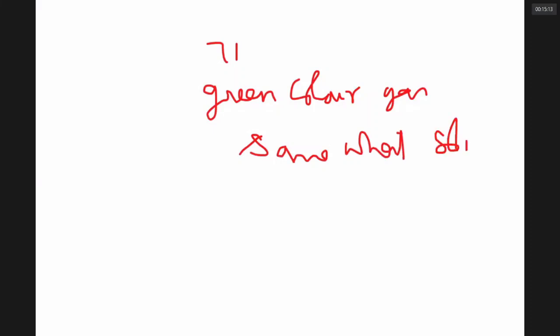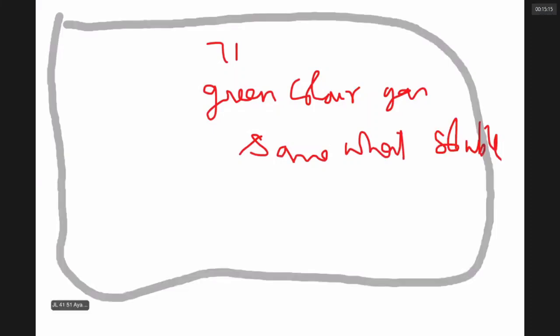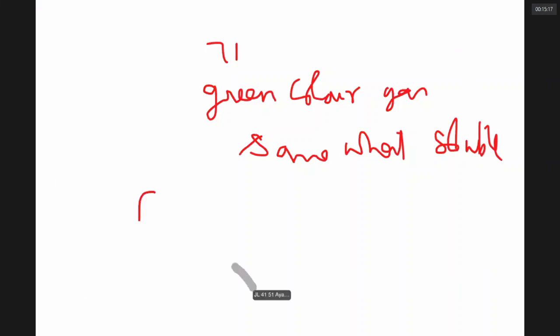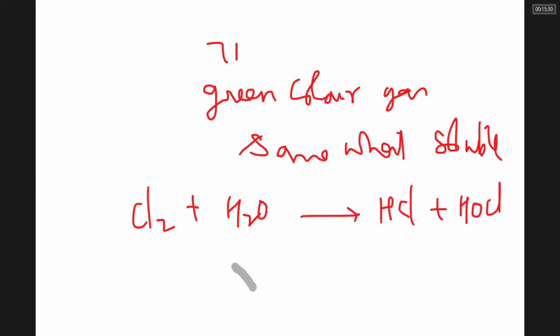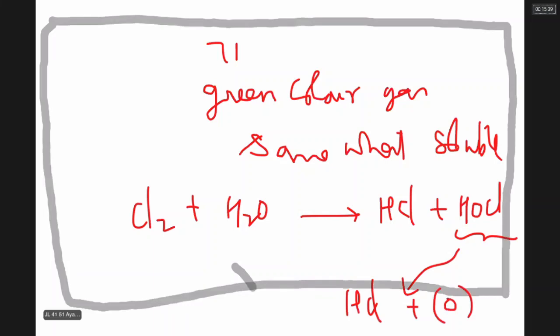Not much. Notice that this chlorine can dissolve in water. We are preparing chlorine. This chlorine dissolves in water. Notice you will get HCl and HOCl. The hypochlorous acid is a crazy thing. This urgently can dissociate into HCl and nascent fresh oxygen.